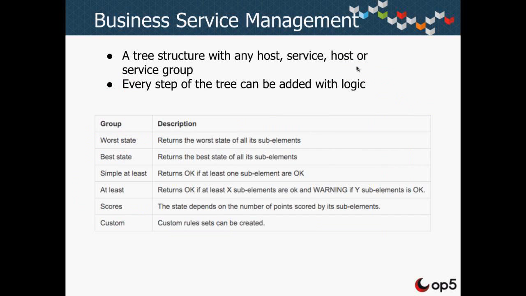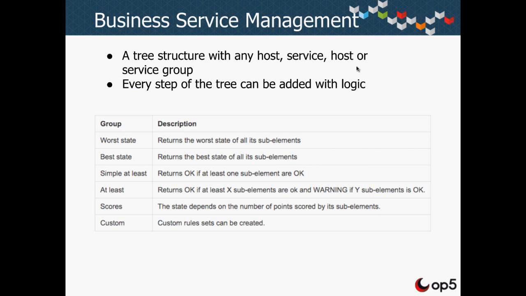Now, with business service management, what we fundamentally do is create a tree structure where we can take any host, any service, any host or service group, or multiple host or service groups, and put them into a tree structure. And at every step of that tree structure, as I will show you shortly, we have the ability to put in logic.